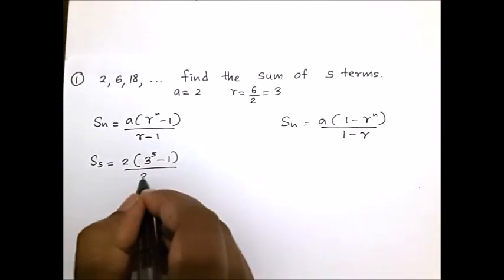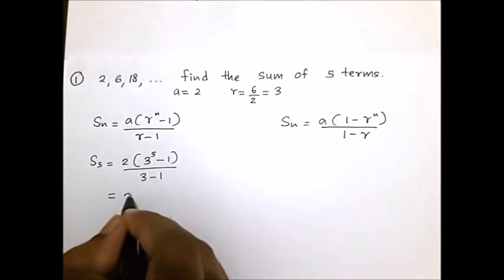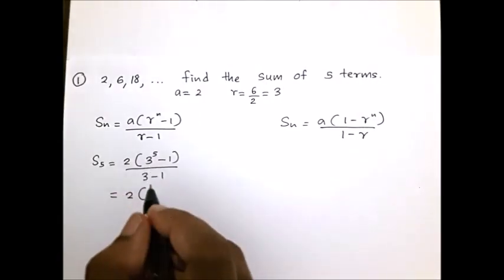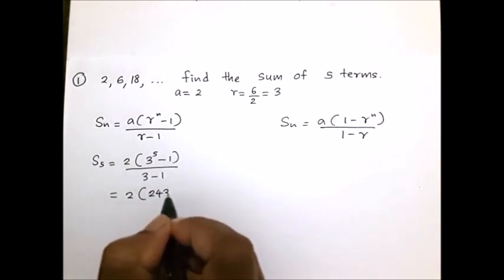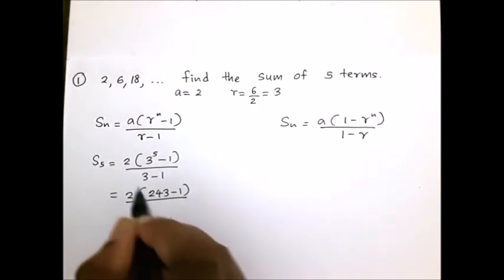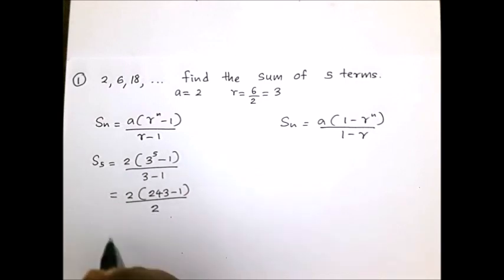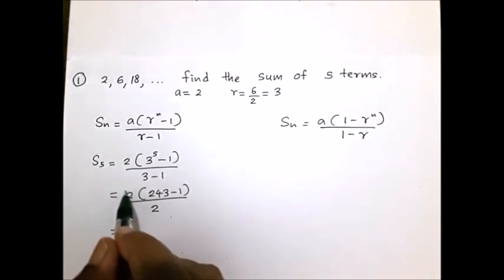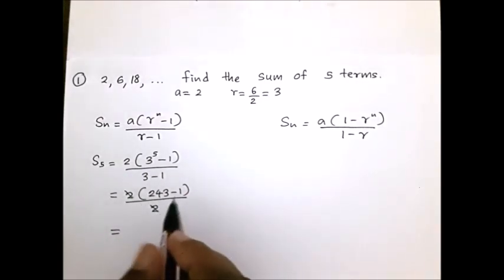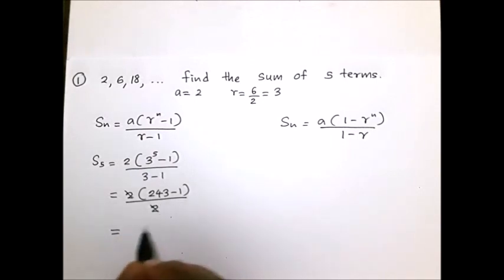R is 3. 3 minus 1. 3 to the power 5, it is 243 minus 1. 3 minus 1, it is 2. Now you can cancel 2 and 2 here. 243 minus 1, 242. This is the answer.